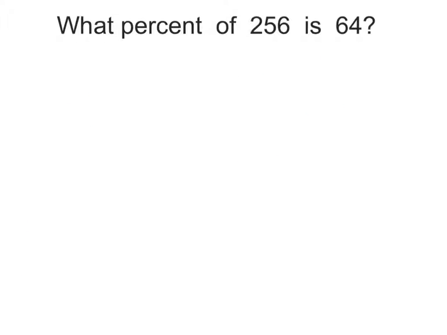Here's a similar question except we're solving for the percent. What percent of 256 is 64? So the "what percent" is what we're looking for. That whole thing is going to be n. "Of" is multiplication, 256 is just 256, "is" equals, and 64 is 64. So we still want to solve for n, but this time n isn't by itself. n is being multiplied by 256.